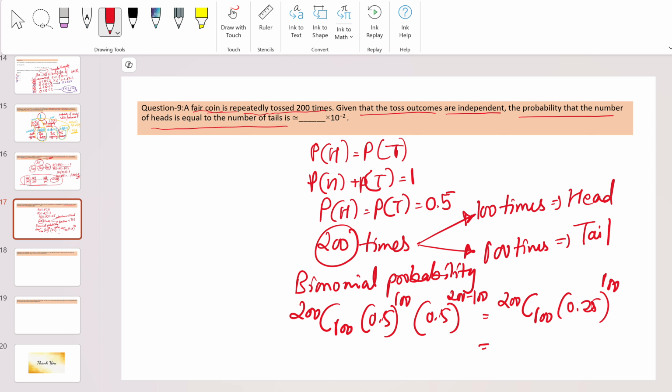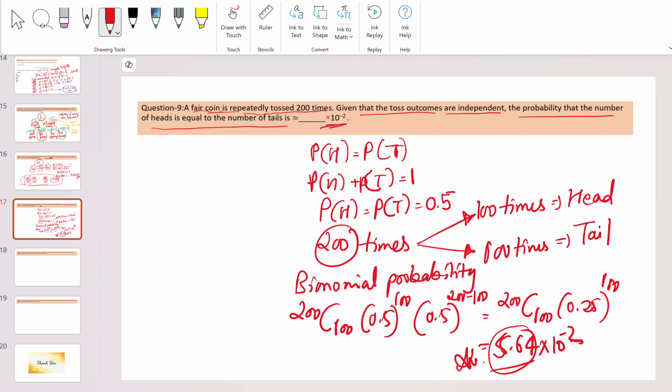When you solve this, I already have the solution, so let me give the final answer. It will come out to be 5.64 multiplied by 10 to the power minus 2. Since 10 to the power minus 2 is already given, the answer is 5.64. This is the correct answer.